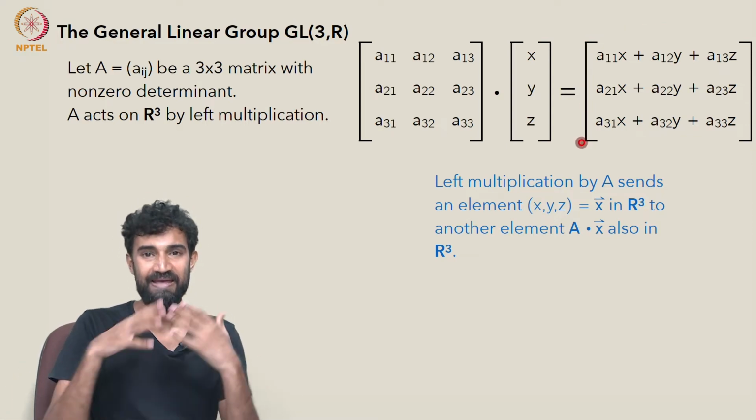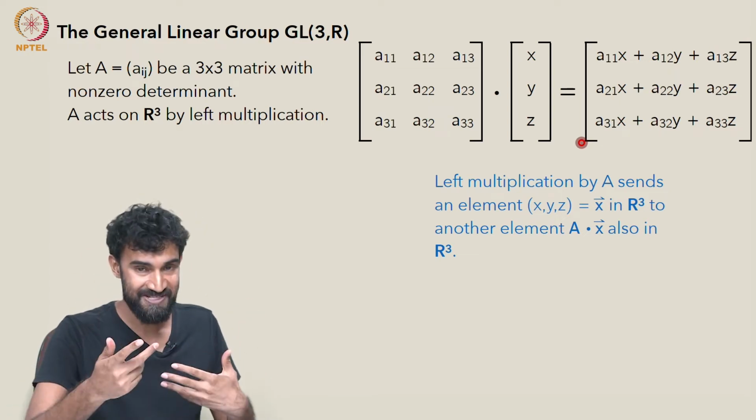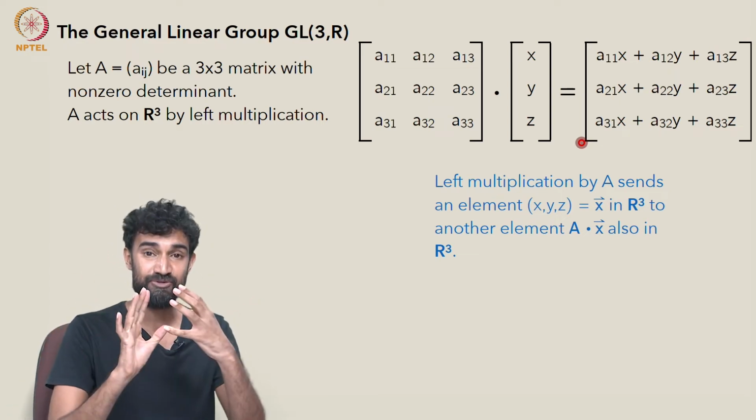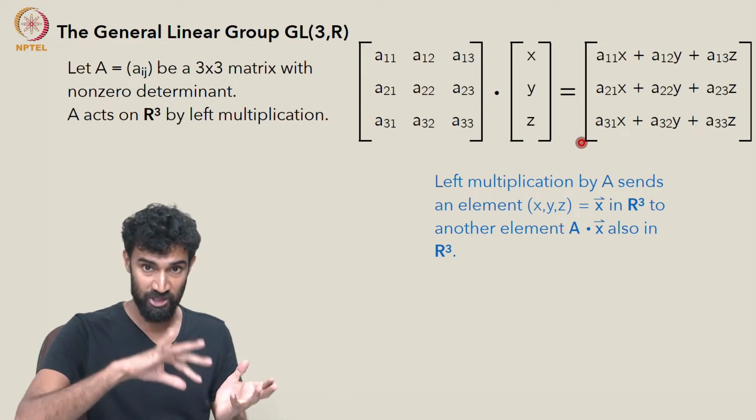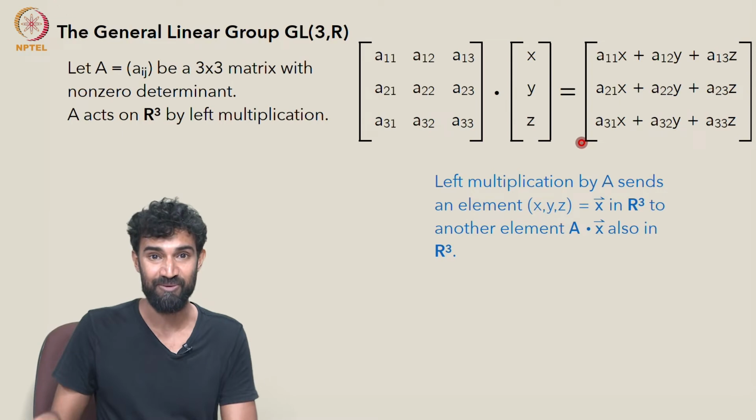So A takes every vector in R3 to some other vector in R3, or maybe fixes it, but it's a transformation of R3. It maps R3 to R3 and scrambles up all the vectors in some way.